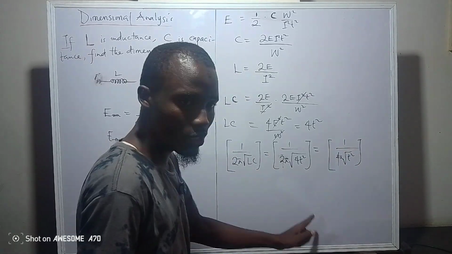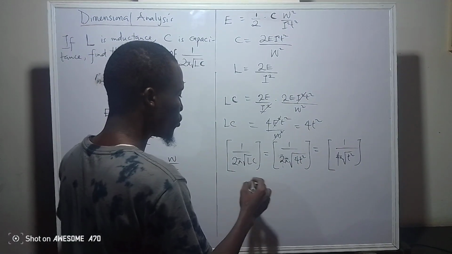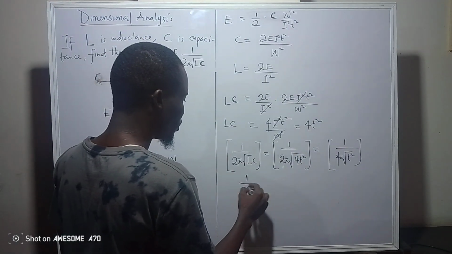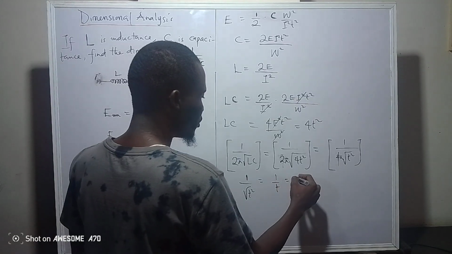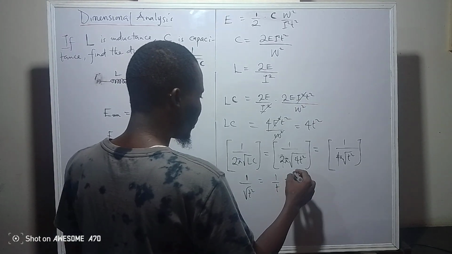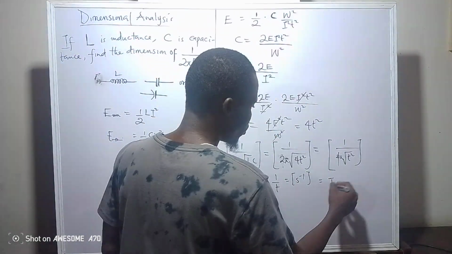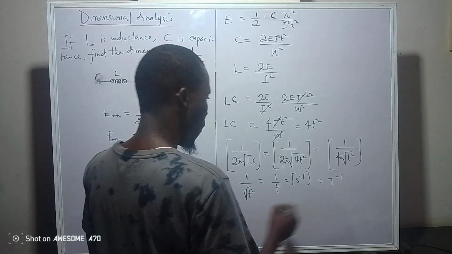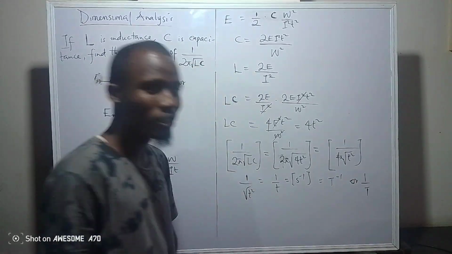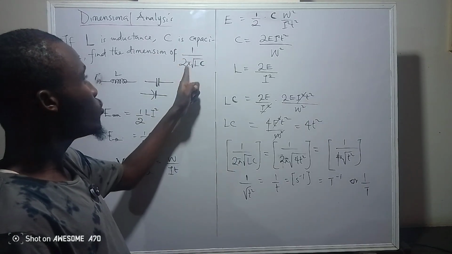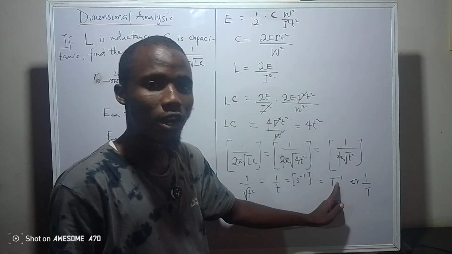Now, 1 over pi is a constant. It is dimensionless. So we can actually neglect it by just focusing on what? 1 over root T squared. So root T squared is just T. And the unit is per seconds. So what is the dimension of per seconds? It is T to the power of minus 1, or we have it as 1 over T. So therefore, the dimension of 1 over 2 pi root LC is 1 over T, or T to the power of what?